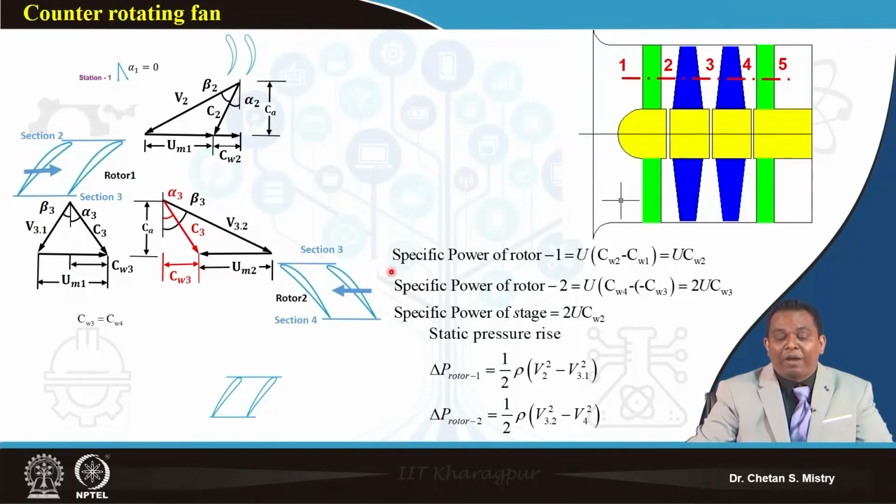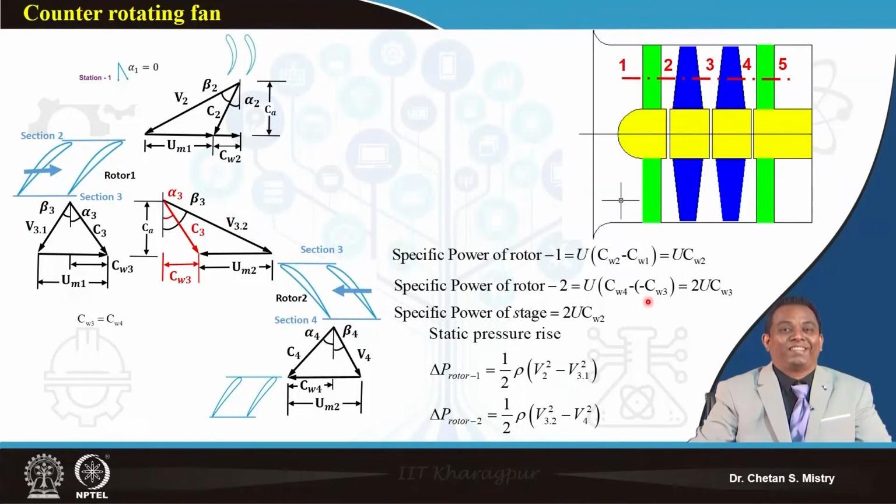If I write my specific power for rotor 1, it is u times Cw2 minus Cw1, and for rotor 2, it is given by u times Cw4, which is my exit configuration here, minus Cw3. So you can see the specific power for rotor 2 becomes large.